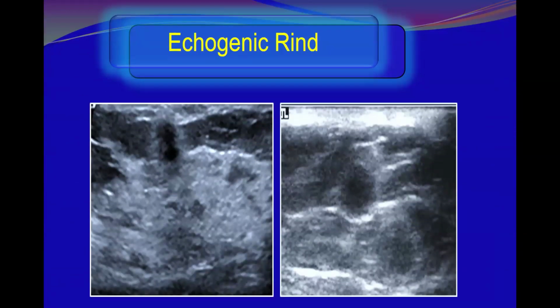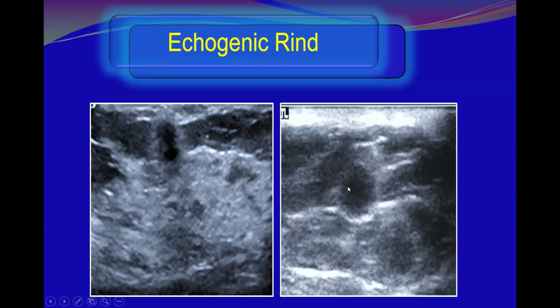So what is echogenic rind? We have discussed it before, in the margins, but we are going to revise it again. Now we are going to discuss it again as an associated feature, as a descriptor in the associated features.